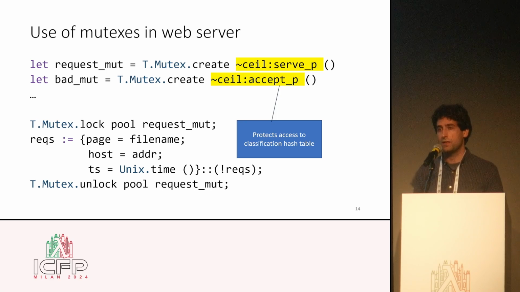We can say that it's not acquired by the high priority threads, only by the low and medium. And so threads acquiring this lock at a low priority are just promoted temporarily to medium. So when we lock and unlock this mutex, basically we don't need to change what we do. The priority stuff only comes in when we create the mutexes. We need to specify the priority ceiling.